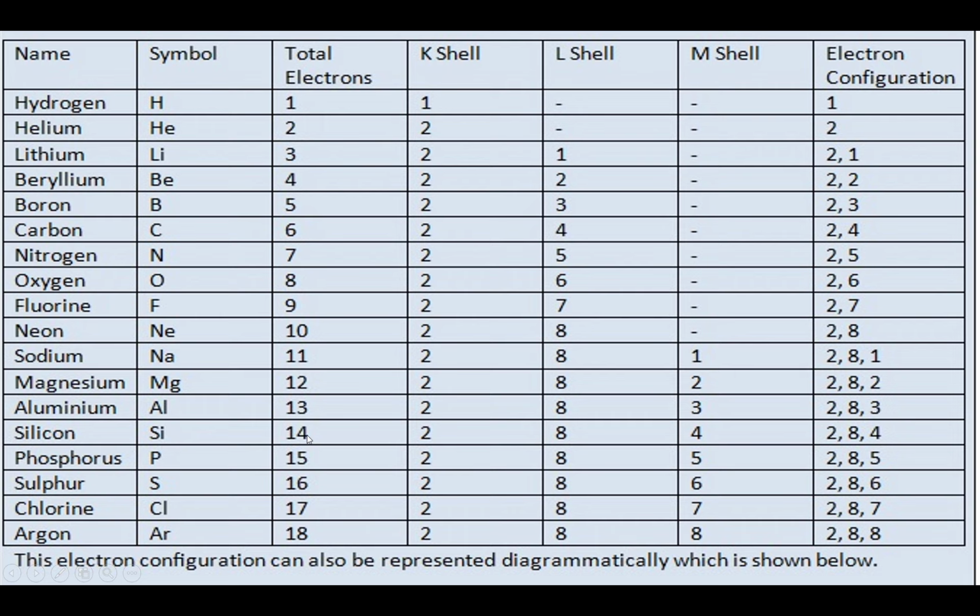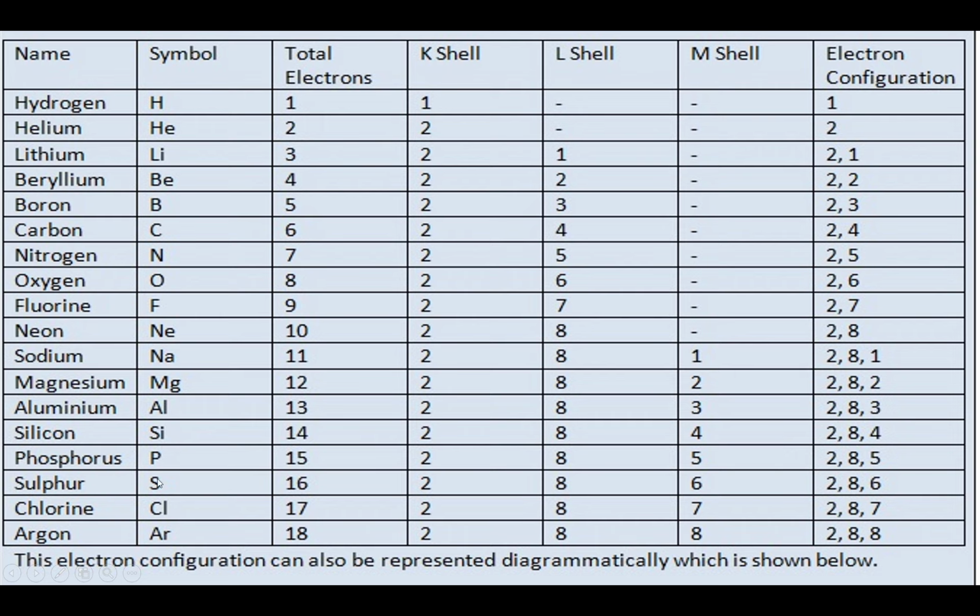Silicon has 14 electrons, its atomic number is 14. When we talk about its electronic configuration or arrangement of electrons, 2 electrons are present in the K shell, then 8 electrons are present in the L shell, and 4 electrons are present in the M shell. 2 plus 8 is 10, 10 plus 4 is 14, and the electronic configuration is written as 2, 8, 4.